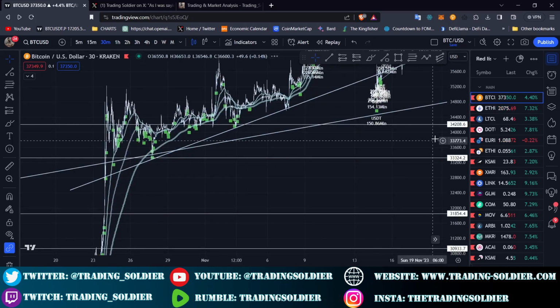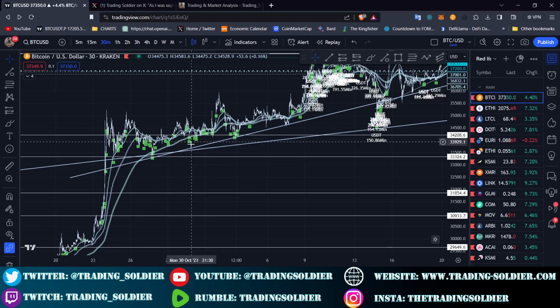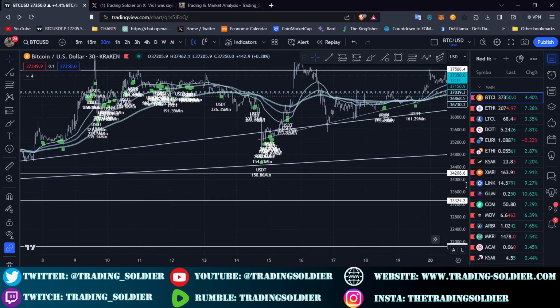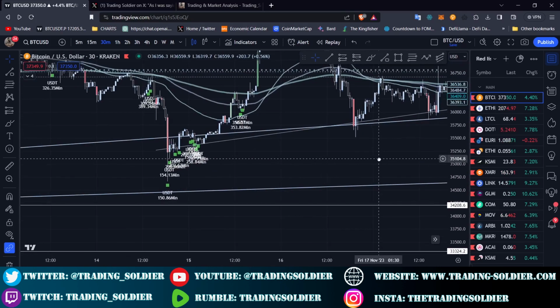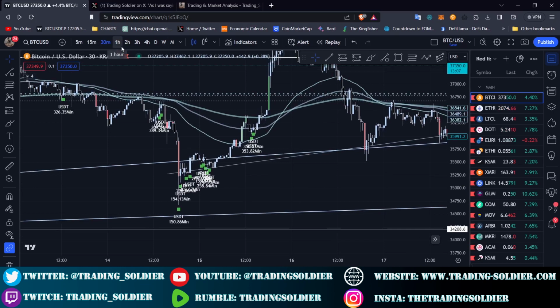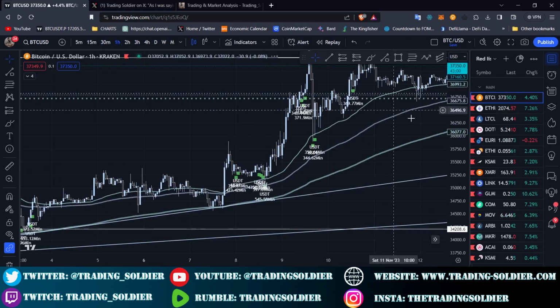With the green squares you can see the signals, and you can also see the amount of Tether that was issued into the market. As I said, the time frame that works best for this indicator is the 30-minute time frame, but you can also use the 1-hour time frame.